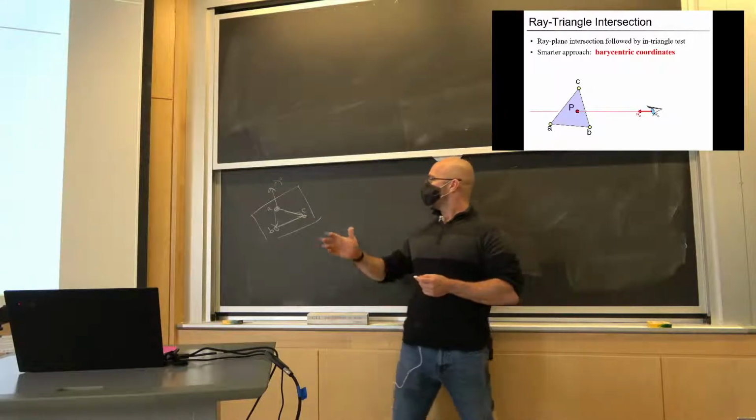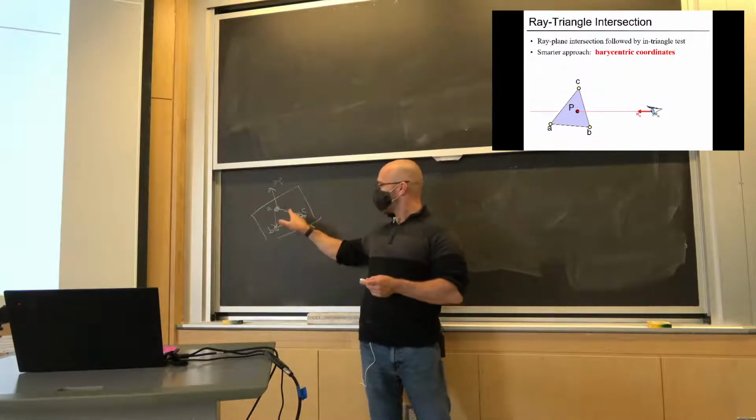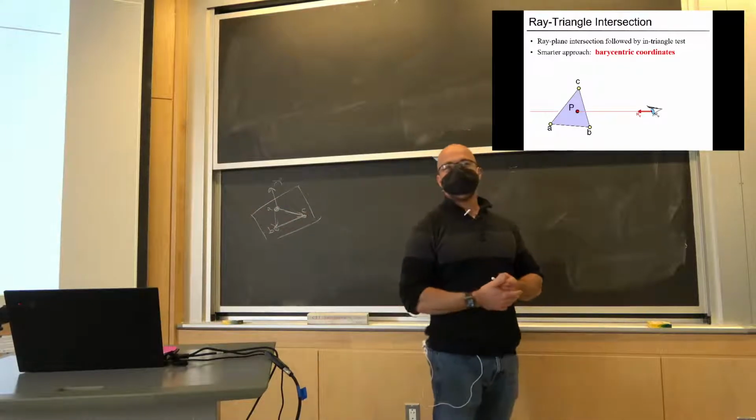Yeah, so one thing I could do is just recover the representation that we had in our last lecture. I could take the cross product of these 2 vectors, get that normal, and now I'm back to last time.